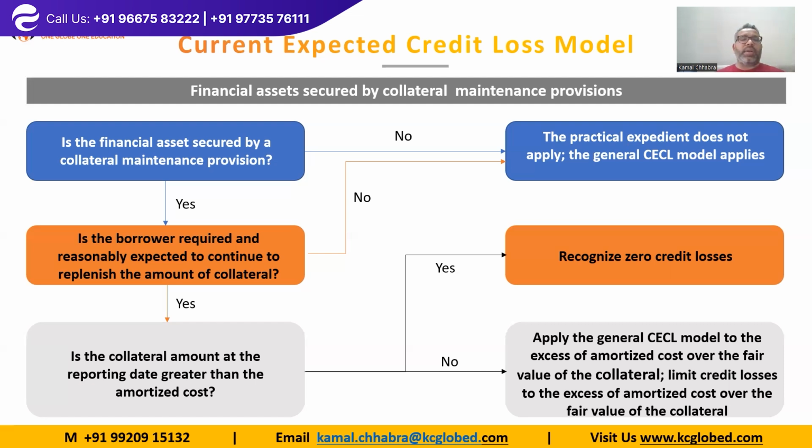If the borrower is required and reasonably expected to continue to replenish the amount of collateral, that means he is in a position or is enforced to add more and more collateral, then we need to evaluate the value of collateral. If not, then you need to apply the CECL model.